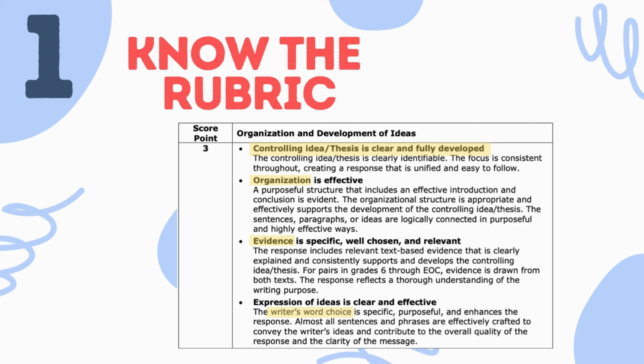They're looking at your organization to make sure that you're using introduction, conclusion, transition words, and your thoughts flow together. That there's plenty of evidence that's not only directly stated from the text, but also is relevant and explained. And finally, they're looking at your word choice to see if you're very clear and effective in how you communicate your overall answer and controlling idea.